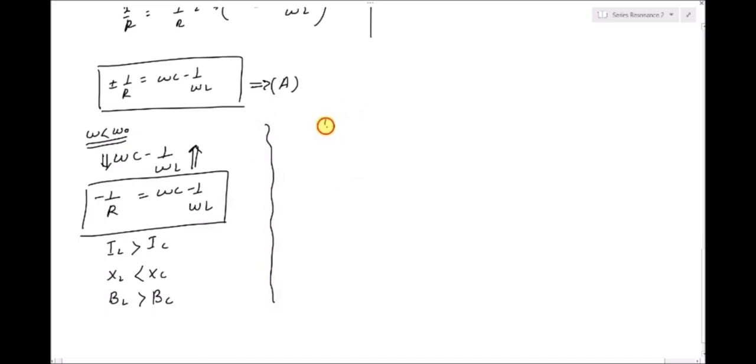Similarly, for omega greater than omega naught, we have omega C minus 1 over omega L. If omega is a larger value, the 1 over omega L term will be a smaller value, and the omega C term will be a larger value. So omega C is actually dominating.